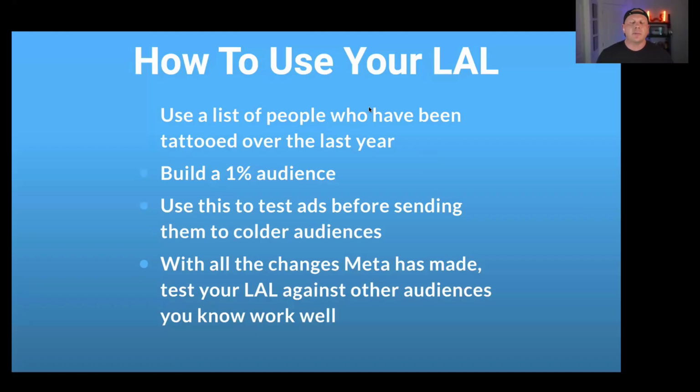That's another thing that changed. You should be able to go back as far as possible. You can use this because you know these are people like your past clients. Testing multiple ads is one of the most important things when building ads. So you find winners with an audience that you know is good, and then you can start using these ads with colder and colder audiences that don't look as much like your clients, and know that they'll be successful.